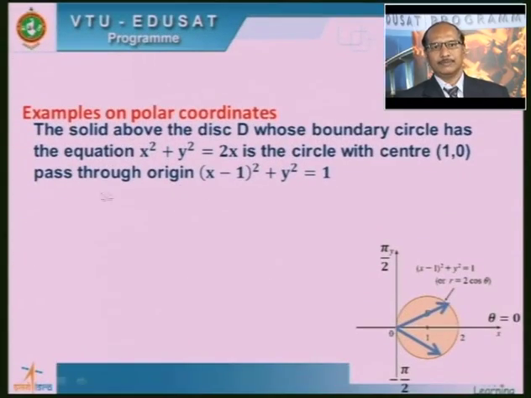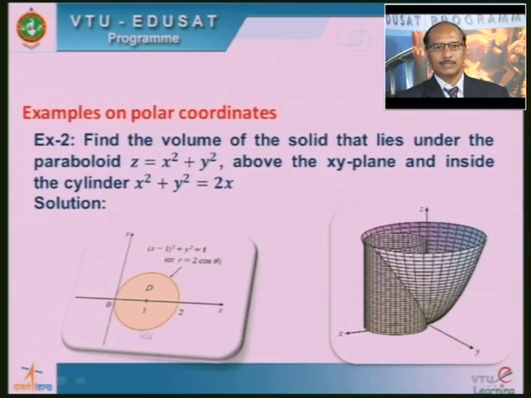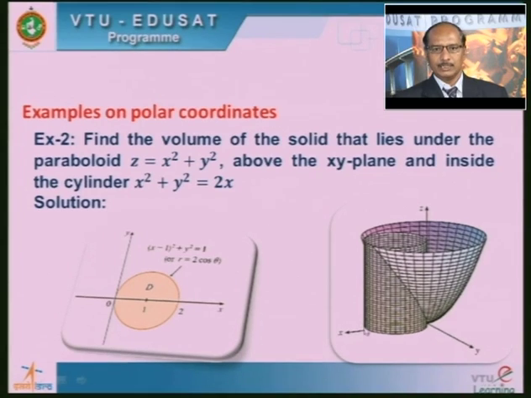The solid is above the disc D, this one is D, it is taken on the xy plane, that is the circular base of the cylinder. This is the circular base, base of the cylinder is a circle, it is on the xy plane. And what is the center here? Center of this circle is not the origin, it lies on the x axis.